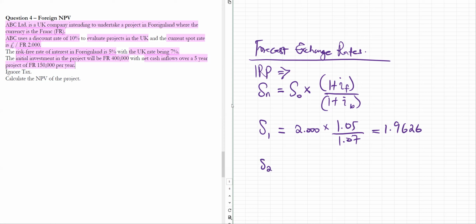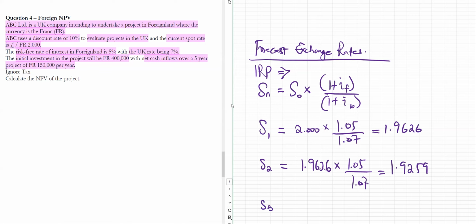So year two, that's the spot rate in year two. Now the rate is 1.9626 franc, by 1.05 over 1.07 again, and that will give us 1.9259.